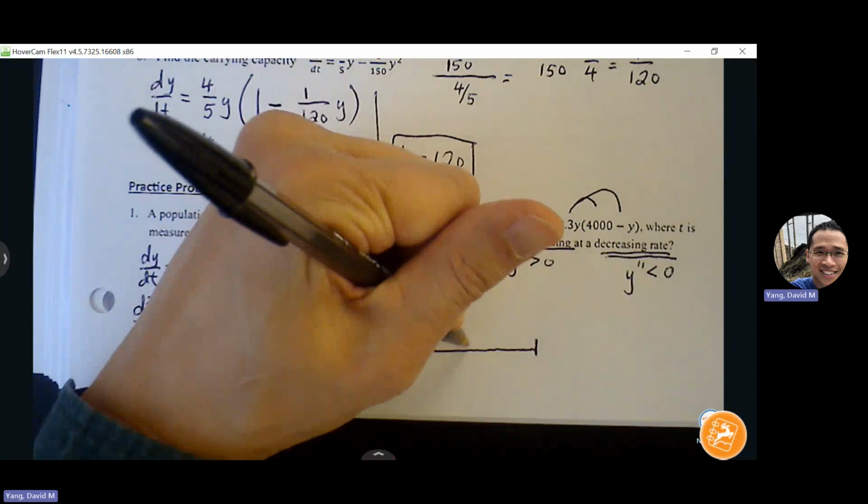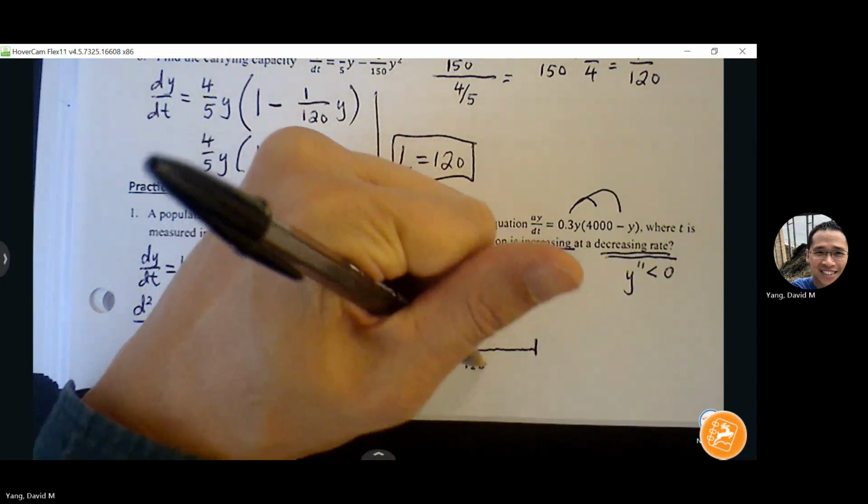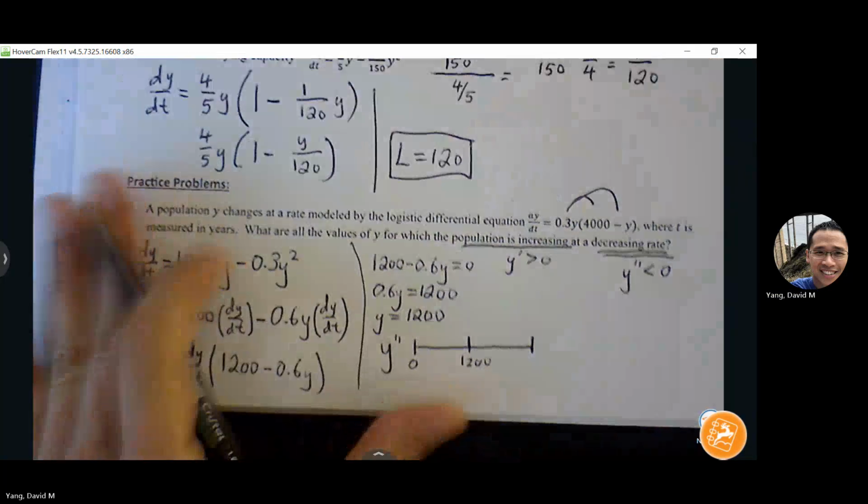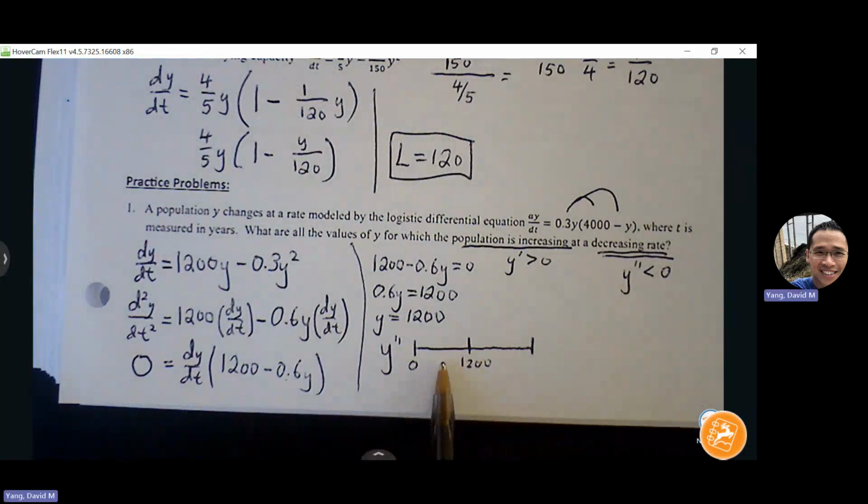So we know that there is a critical point at 1200 here. I plug in a value anywhere between 0 and, I'm sorry, not 1200, 2000 divided. I didn't solve for y here.